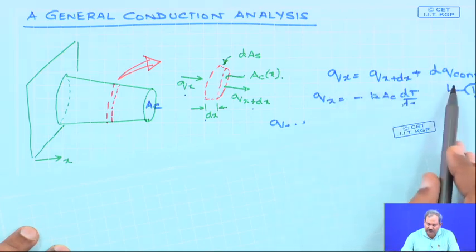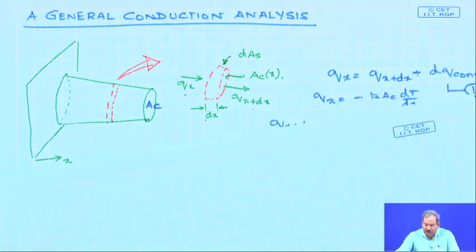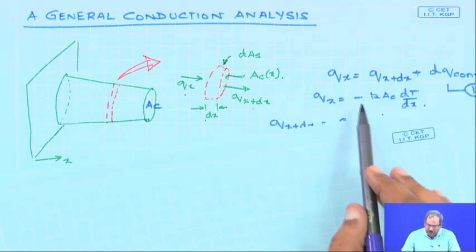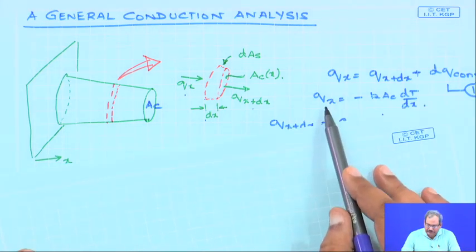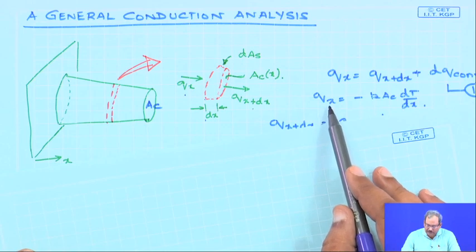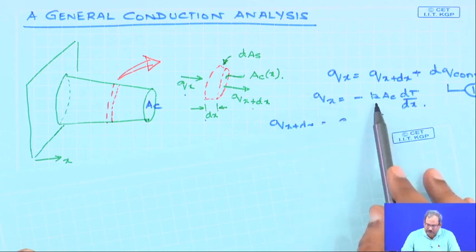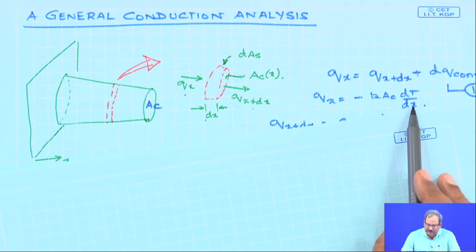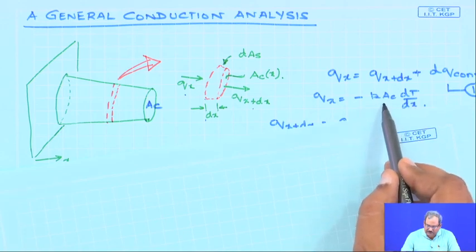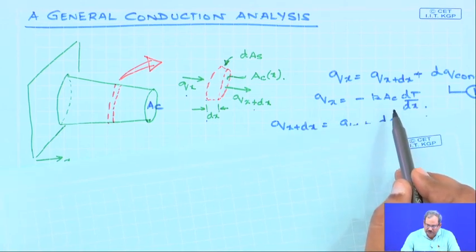So, this is simply from energy balance for this volume element. We also know that from Fourier's law, the heat flow rate by conduction can be expressed as minus k AC dT/dx. Remember that AC in here can be a function of x.